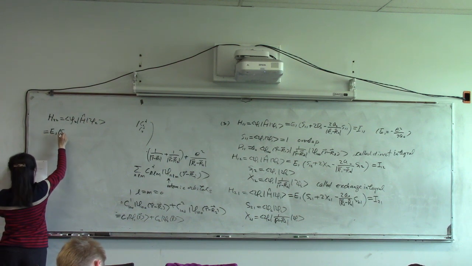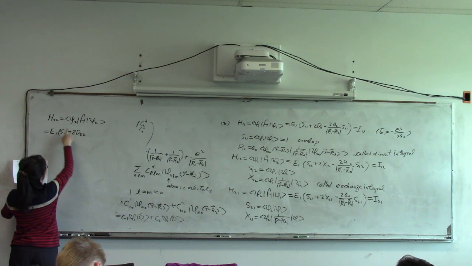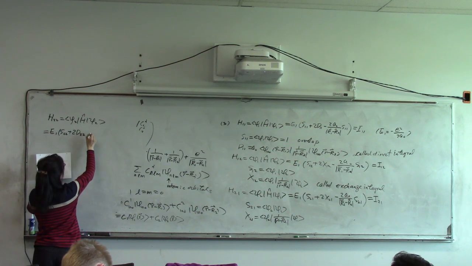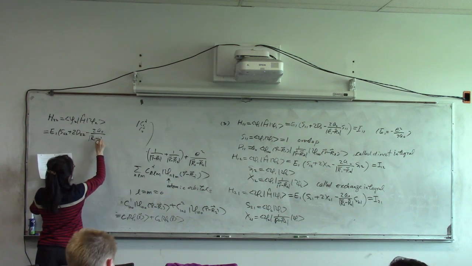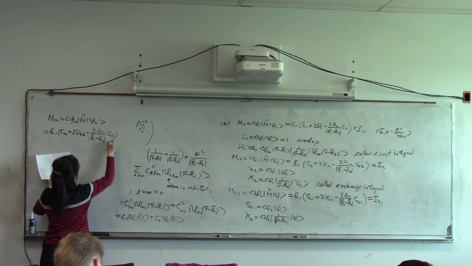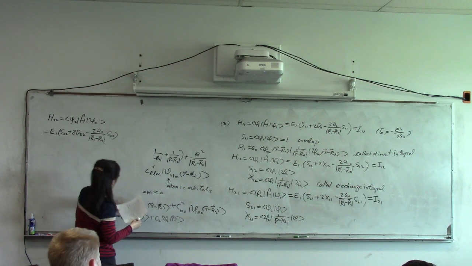E1 S22 plus 2D22. You see this is direct because between the two functions is the same center, right? 2A0 over R1 minus R2, S22. Also give it a name, I22.